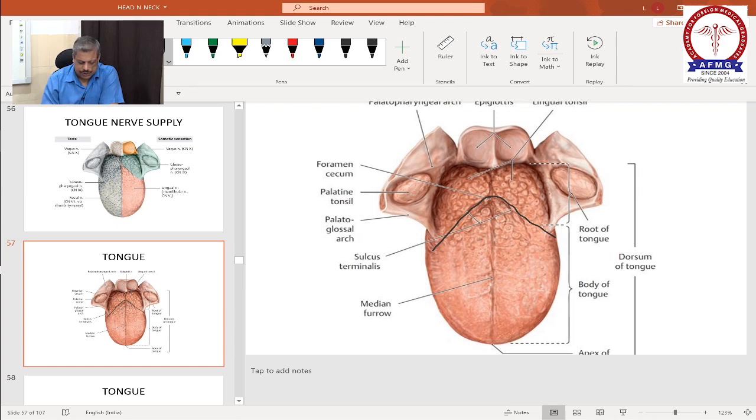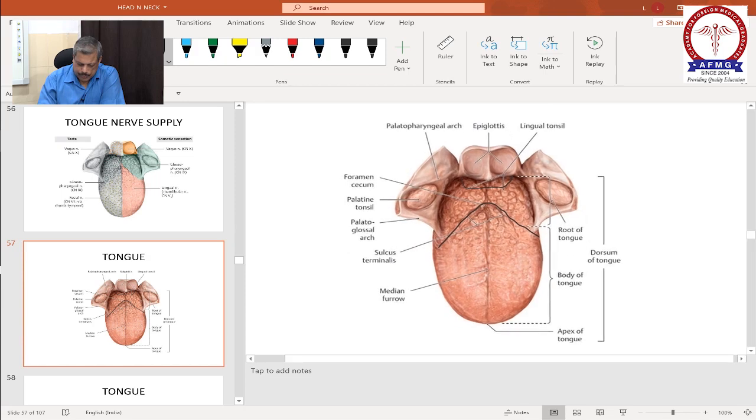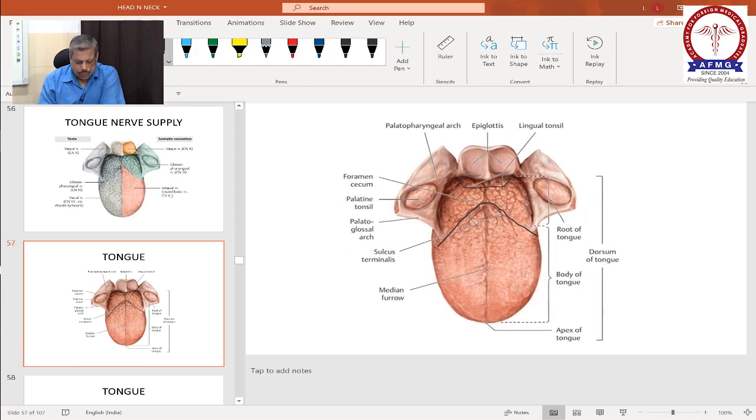So it is the anterior 2/3 and the posterior 1/3 of the tongue. This posterior most part is the epiglottis. See, this is the epiglottis, and the posterior most part of the tongue is known as the vallecula. So first we divide the tongue into two parts, the anterior 2/3 and the posterior 1/3. The posterior 1/3 is the root of the tongue and the anterior 2/3 is the body of the tongue, which has anteriorly the tip.